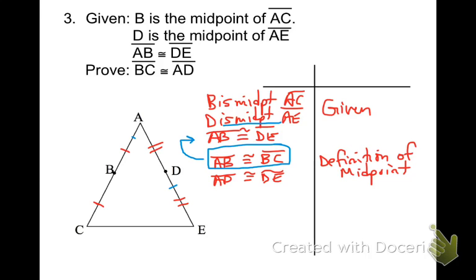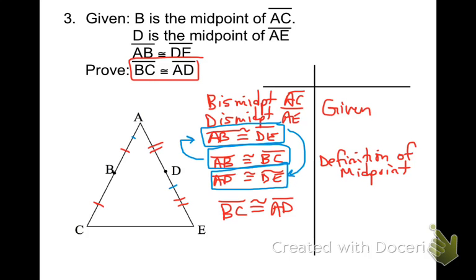We look at this congruence here, AB is congruent to DE, and then if we look at this congruence here, DE is congruent to AD, we're going to conclude that segment BC is congruent to segment AD, just like we're trying to prove. And again, we use transitivity to prove that.